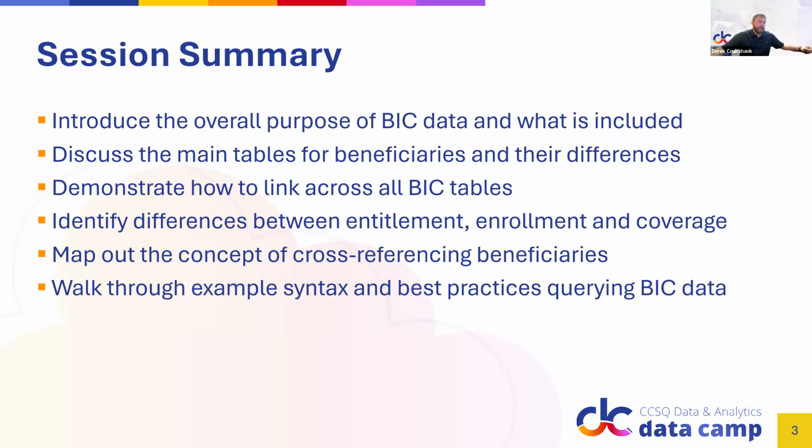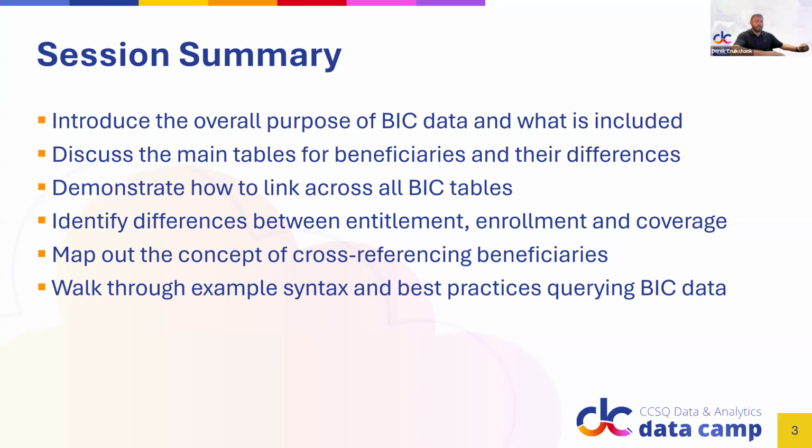It was certainly more relevant at the time with HICN values, although it is still relevant today with MBIs, just not quite as relevant due to a lot less changing happening within a beneficiary and their identifier. And then I'm going to jump into Databricks and show some actual example code of all of this stuff.